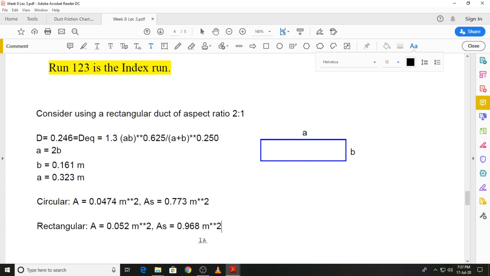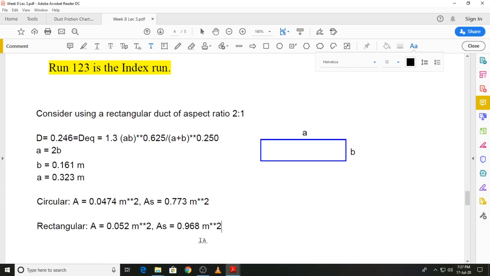So we are using more material compared to the case of a circular duct, but because we had a restriction, we had to make that compromise. Okay. And of course, when you insulate the duct, because the surface area is greater, you will require a larger amount of insulation.